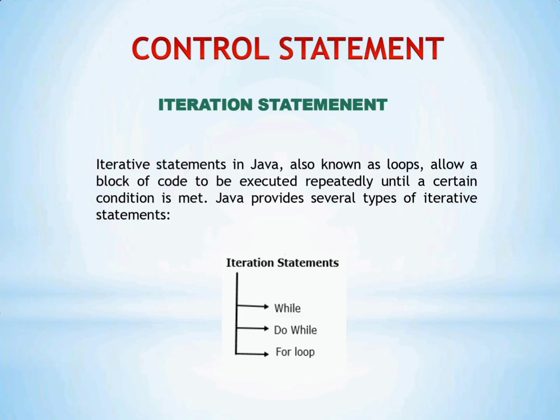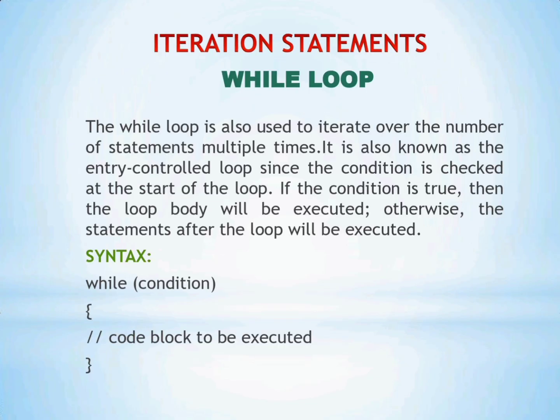Java provides several types of iterative statements: while, do while, and for loop. So the iteration statement will help us execute the code multiple times in repeated form until it meets the end condition. There are three types in iteration: while, do while, for loops.